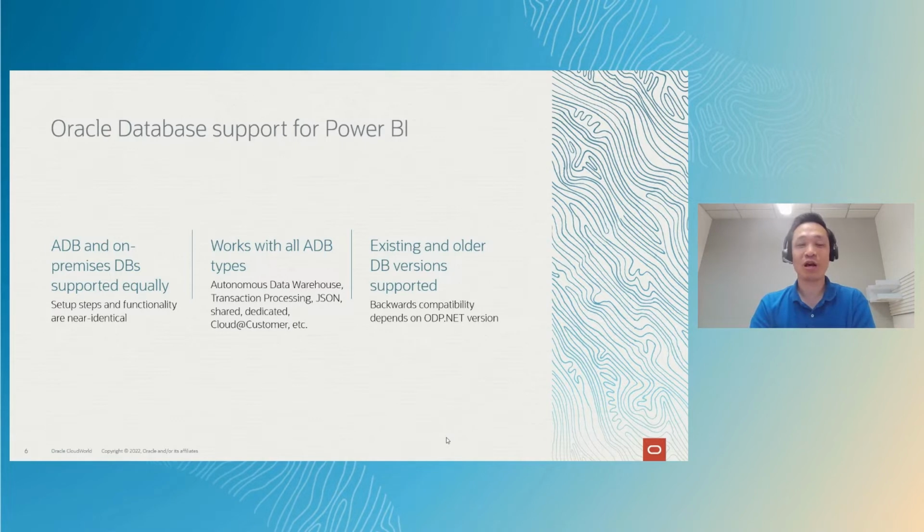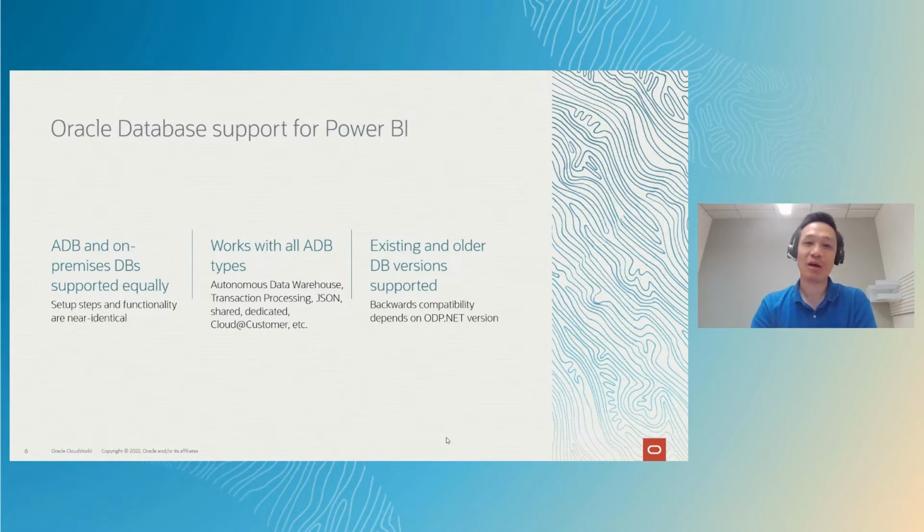For on-premise users, there's always the question of which versions are supported with Power BI, things like that. And the version supported will depend on the ODP.NET version you use. So if you're using an older Oracle database version, you'll probably use an older ODP.NET version to connect to that Oracle database.